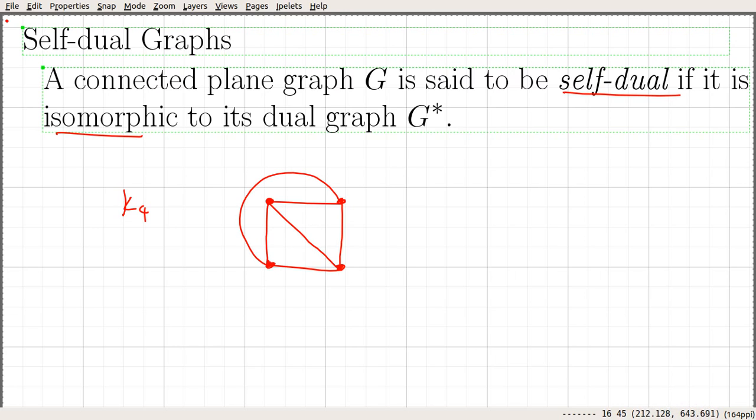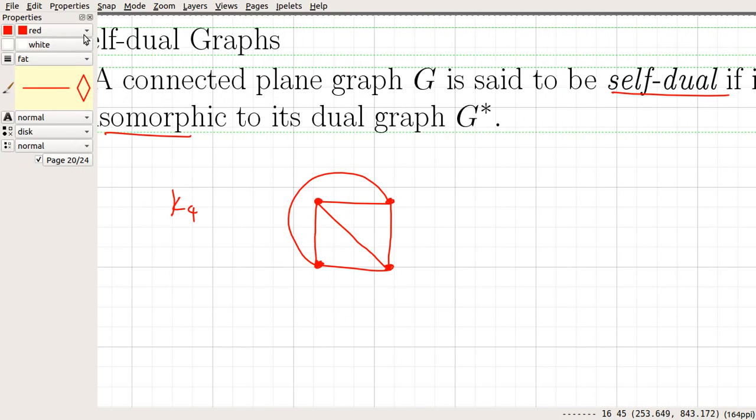Okay, so this is a plane drawing of K4. So let's draw the dual of K4 in a different color. So it has 4 regions. So in our dual graph we have 4 vertices, one corresponding to each region.